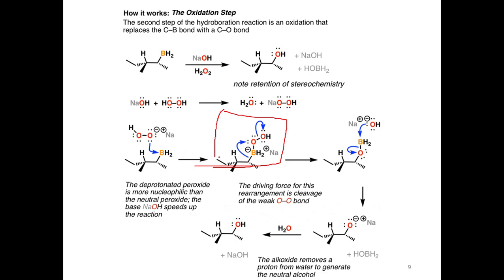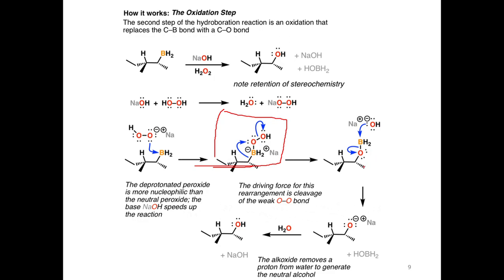After getting this intermediate, here you can see that rearrangement is taking place. The rearrangement takes place by breaking of this boron-carbon bond, and after breaking of this boron-carbon bond, carbon-oxygen bond formation is taking place.